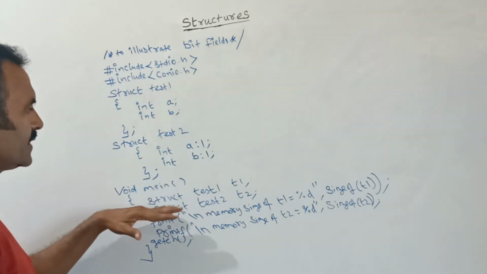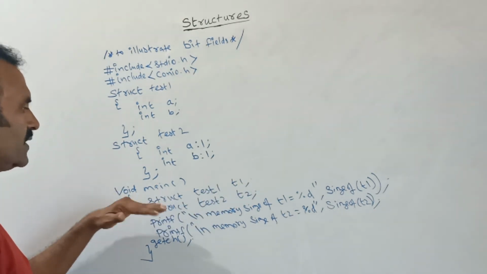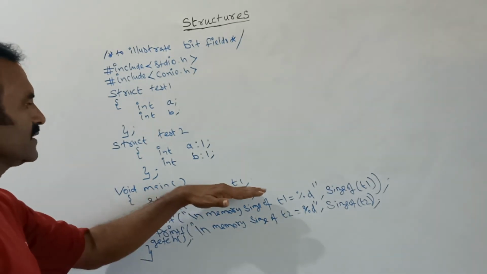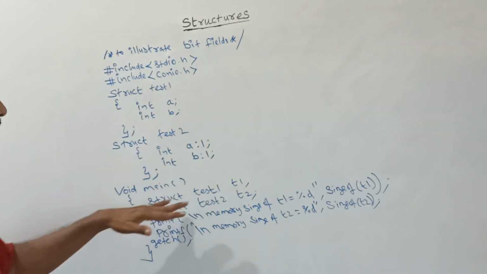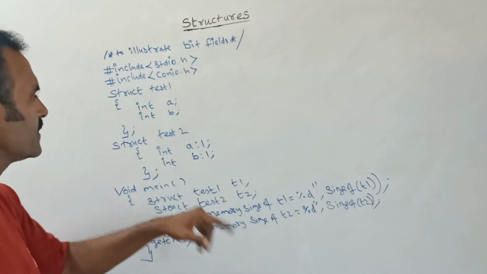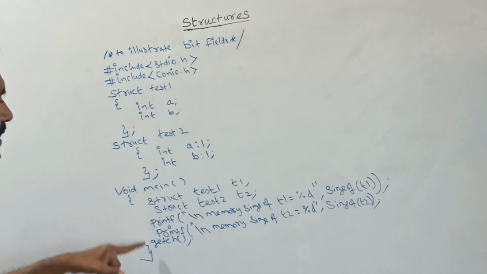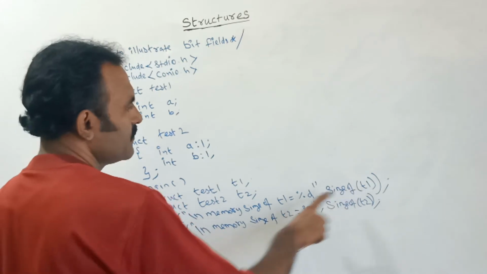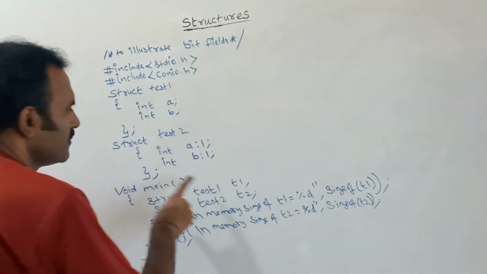See next, void main, here I am creating the structure variable for the structure. This you know. First the syntax is struct, next structure name, after that the structure variable name. So for the structure test1 I created t1 as the structure variable. For the second structure test2 I created the structure variable t2. So next here I am telling to print the memory size of t1 and to print the memory size of structure variable t2.